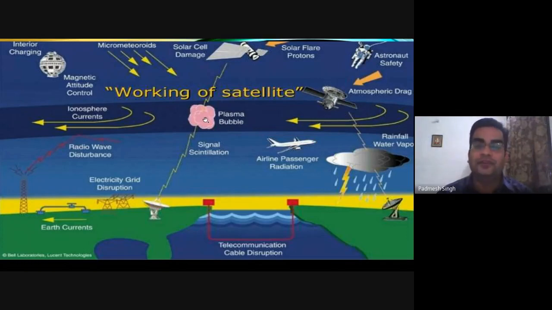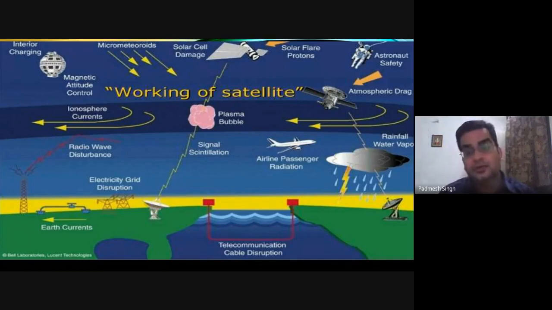So after these two problems in space and in ionosphere, now coming to the lower part of the Earth, the problems associated with the satellites, which are hampering the signal strength, are rainfall and clouds. Then radio wave disturbances, which is being transmitted back from the ionosphere. Signal scintillations from other satellites.